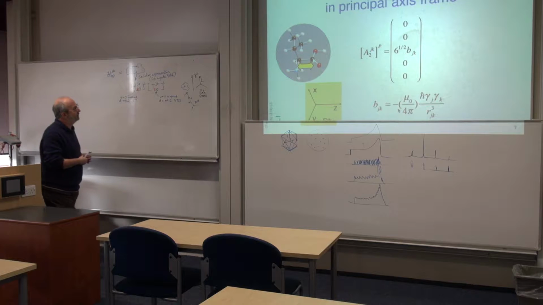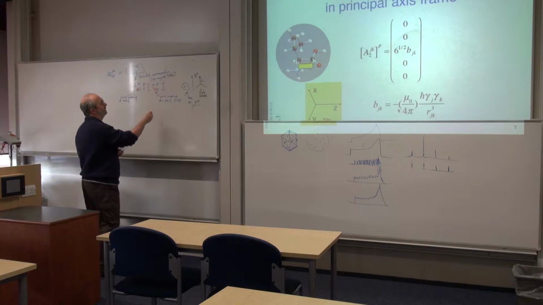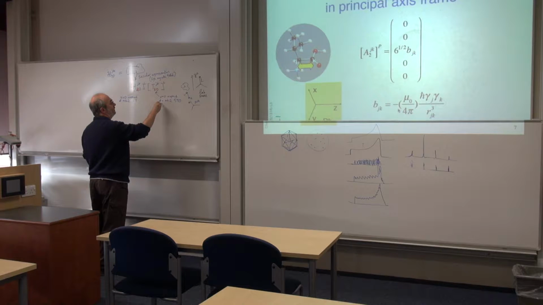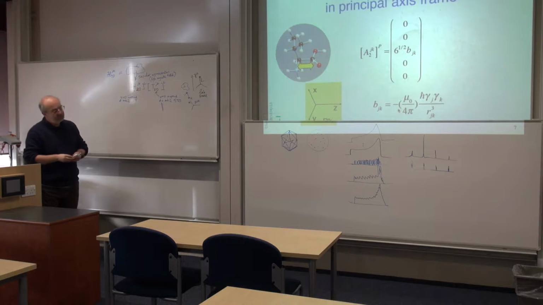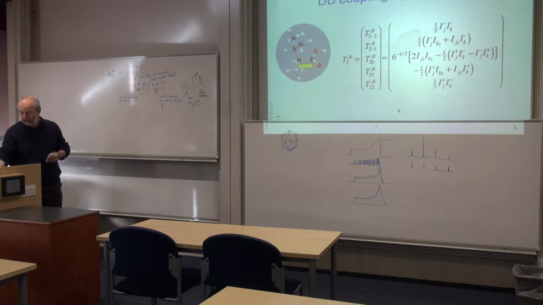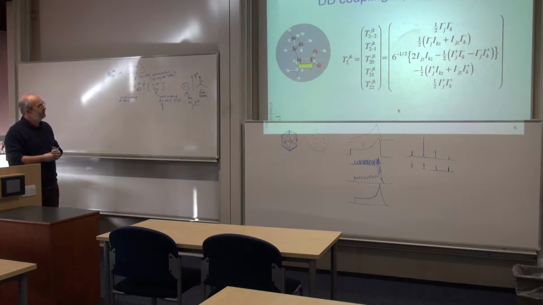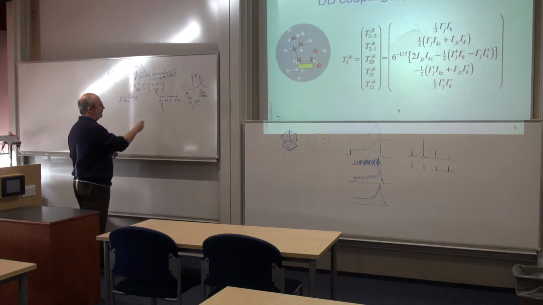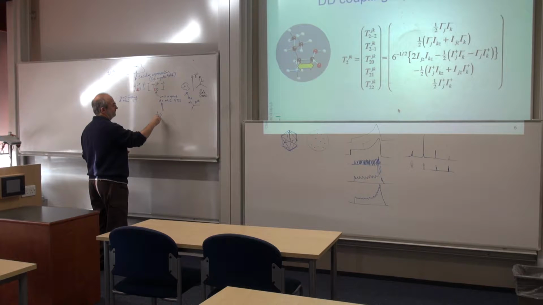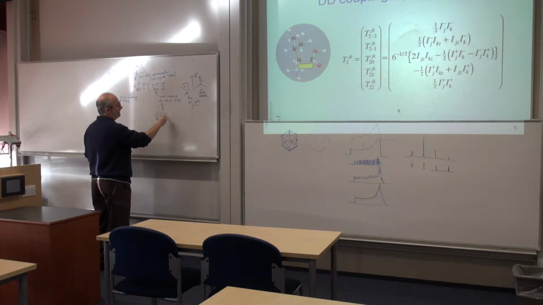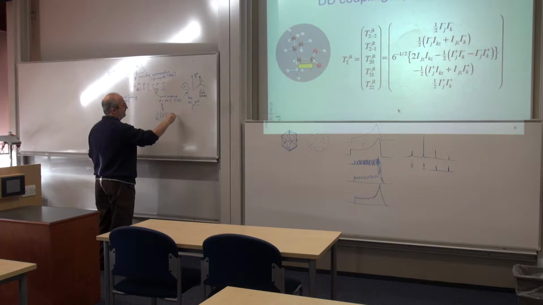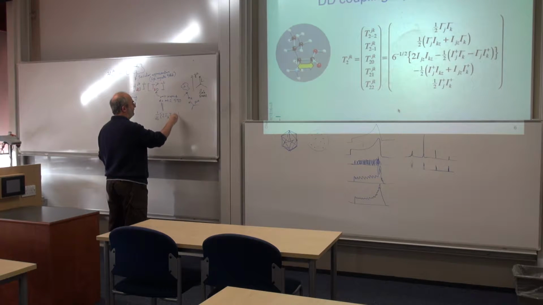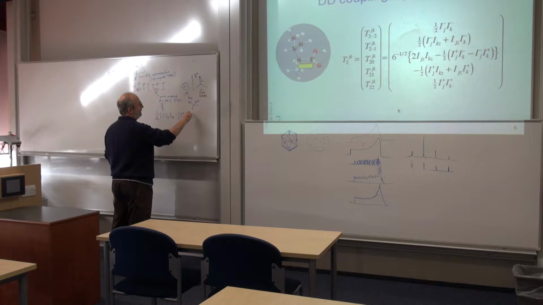Then we have the dipole-dipole coupling. Okay, so let me just write down what that was actually. The rank 2, component 0, spherical tensor operator is 1 over root 6 times 2 IjzIkz, minus a half, Ij plus Ik minus plus Ij minus Ik plus.